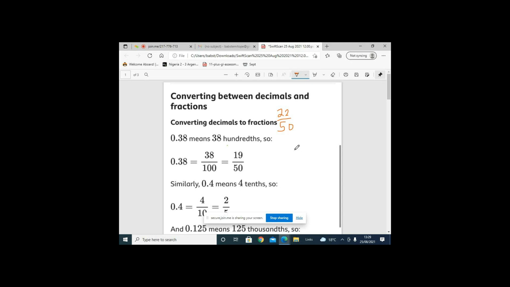But 25 is not 10 or 100, so can we times it by 2 then? Yeah, that's the best way. So you multiply by 2, and it gives you 44 over 100. That's going to be 0.44, isn't it? Yeah. Can you see now? It came out in a functional skills exam, so it's just how to change it.